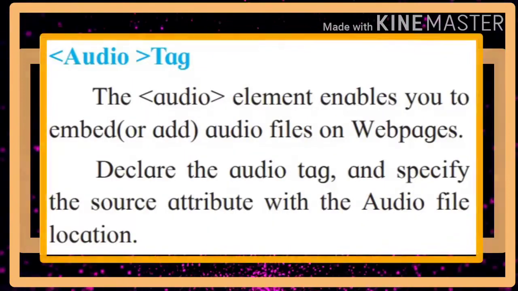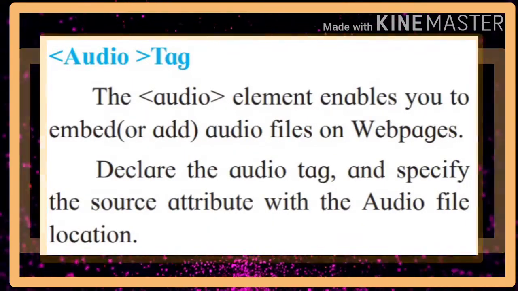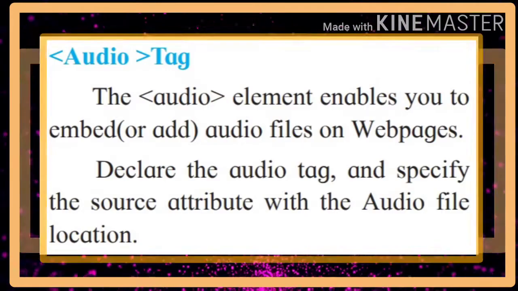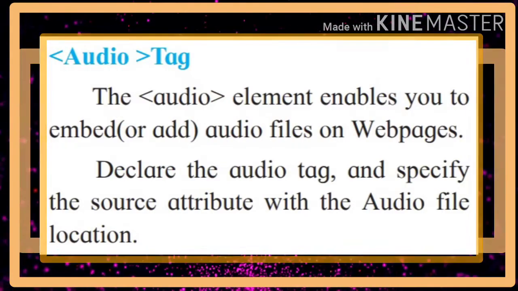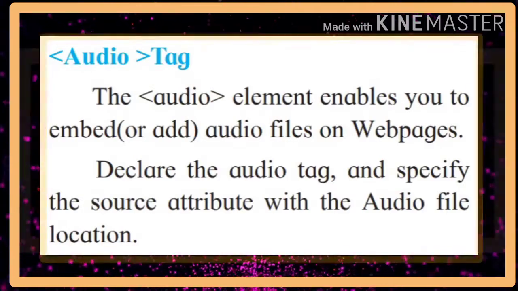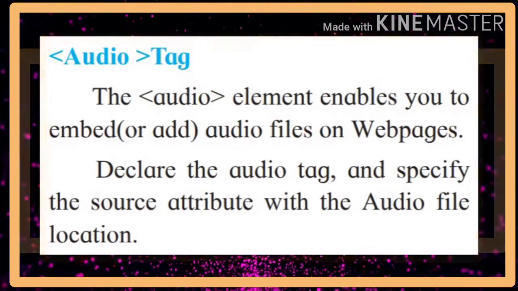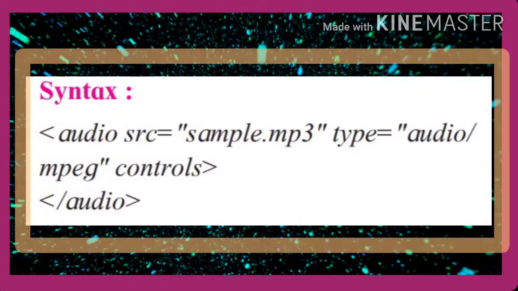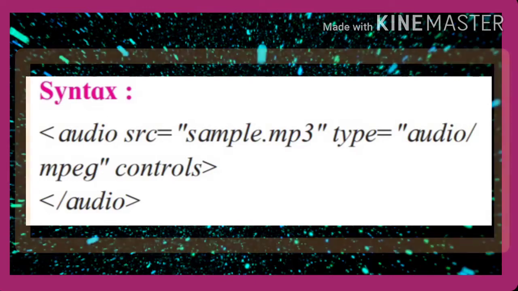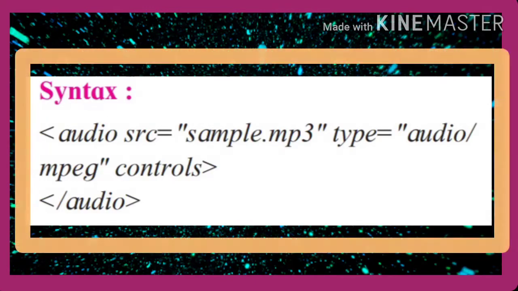The audio tag. The audio element or tag enables you to embed or add audio files on the web pages. Declare the audio tag and specify the source attribute with the audio file location. Let's see the syntax. Here, audio tag contains attribute src, where sample.mp3 is a source file.